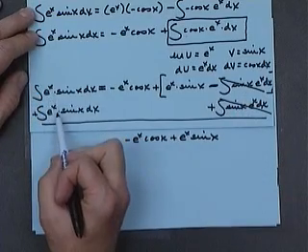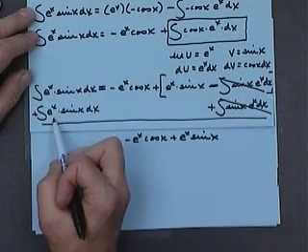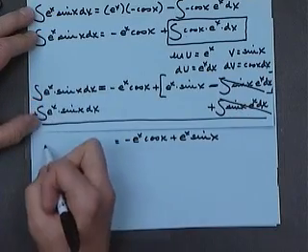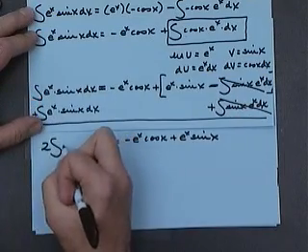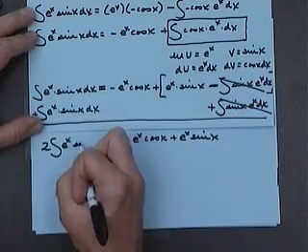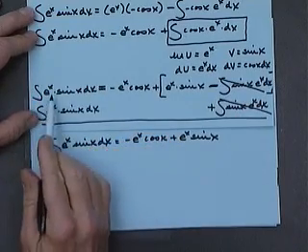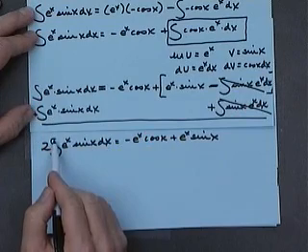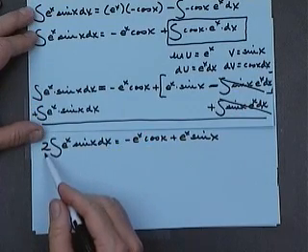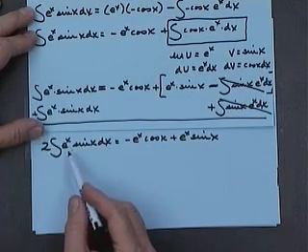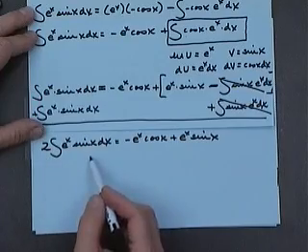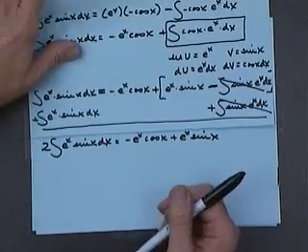What is anything added to itself? You have two of those. So now we have 2 e to the x sine of x. Is that all right with everybody? Anything added to itself, you have 2 of those. We don't want to know what 2 of those happens to be. We'd want to know what 1 of those is. Wasn't that our original problem?